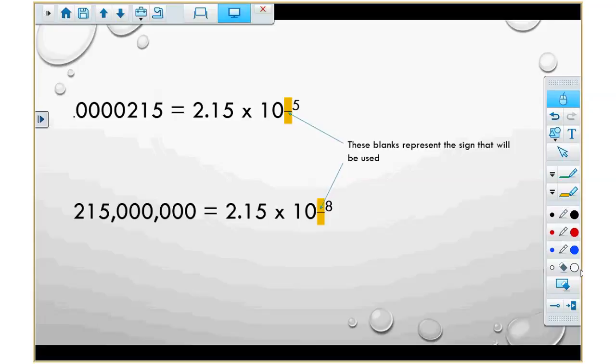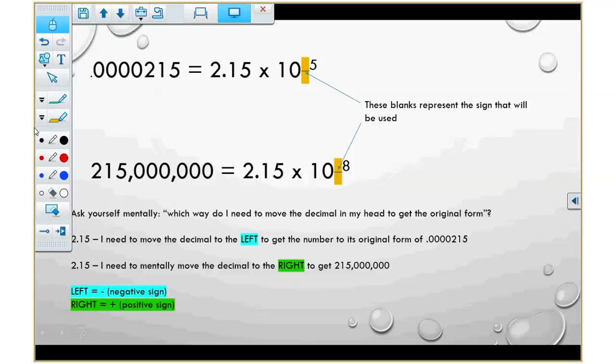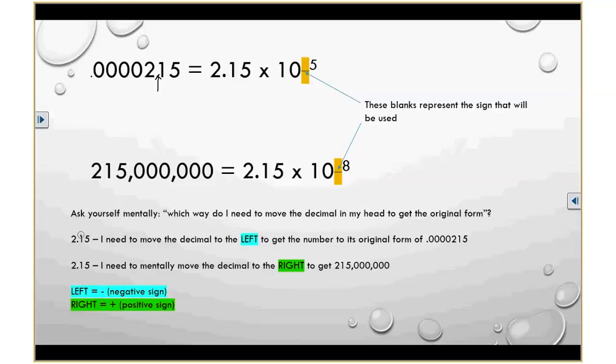We got to move it right here and right here. Everybody agree with that? And I said we move it 8 places and 5. So I put a blank right here. These blanks represent the sign that will be used. Okay?